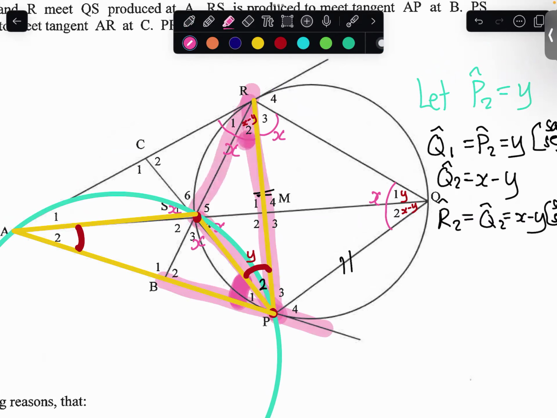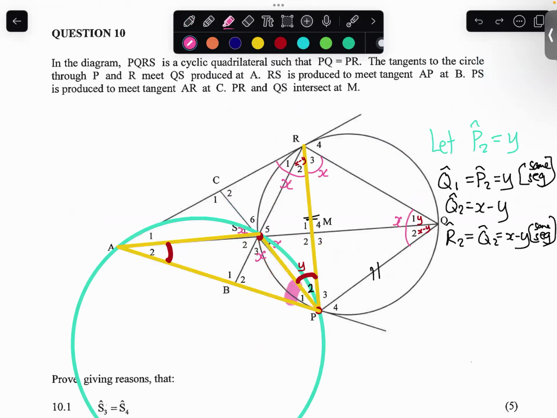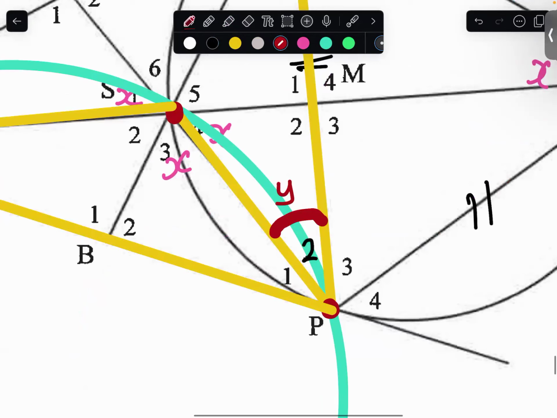So R2 and P1 are equal, tan chord. So I have that P1 is equal to R2, which is X minus Y. And your reason here is tan slash chord. Okay. So I'm going to put in P1 as X minus Y.